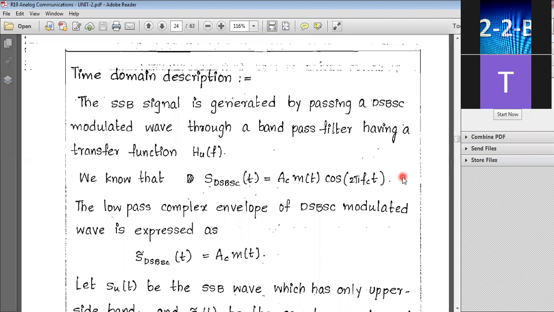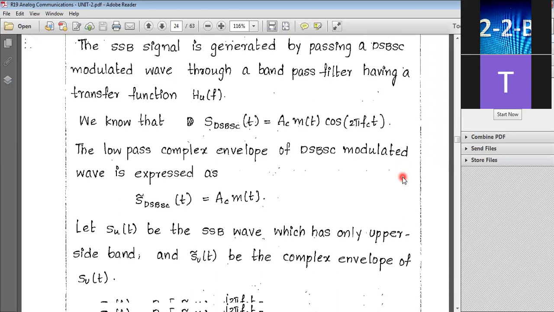But in case of DSB-SC, we have two sidebands, that is upper sideband and lower sideband. But in case of SSB, we have only a single sideband, that is either USB or LSB. So to generate an SSB signal, we must pass the DSB-SC signal through a band pass filter.